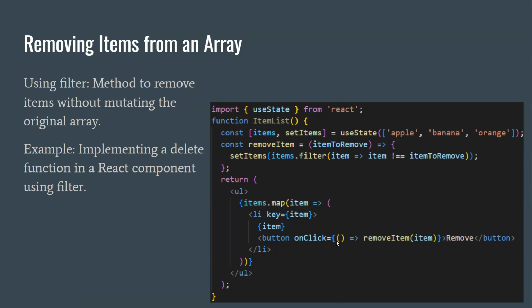Whenever we click this button, it's going to invoke this removeItem. This will trigger a filter operation that excludes the item from the new array. This method is effective and aligns with React's principle by avoiding direct mutation of the state.